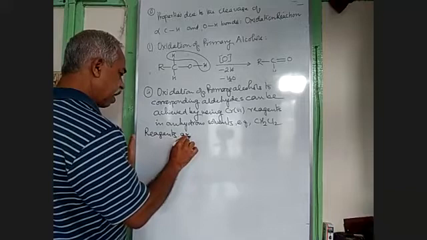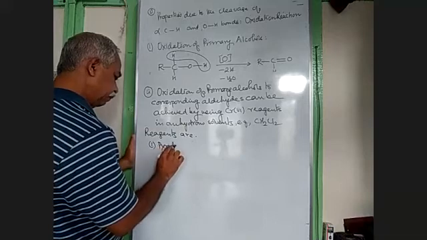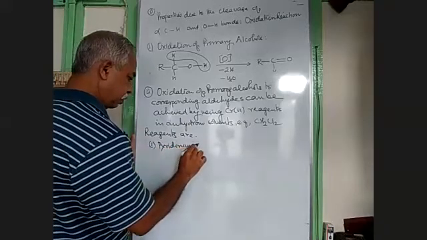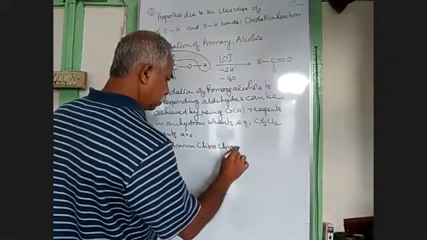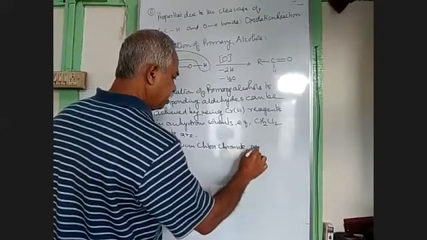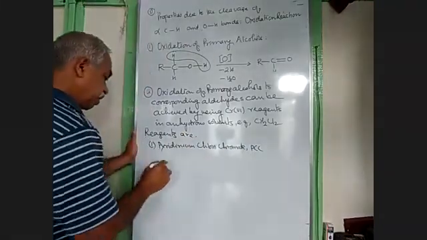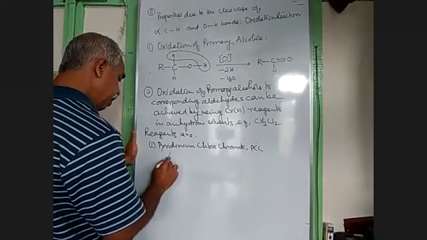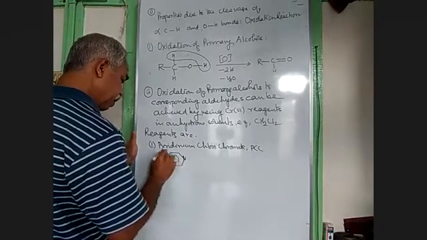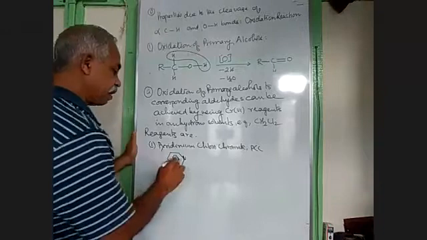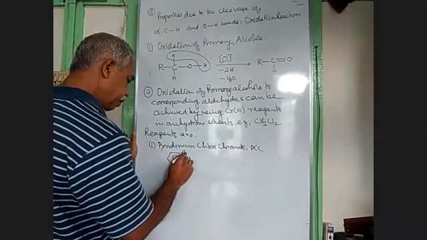Now what are the reagents? Reagents are pyridinium chlorochromate. Okay, in short form we write PCC. But how does it look? That day I told you that pyridine is just like benzene. Okay, this is pyridine. The moment we say pyridinium, it means the nitrogen valency has become 4, so it is having H. So this is the cationic part.